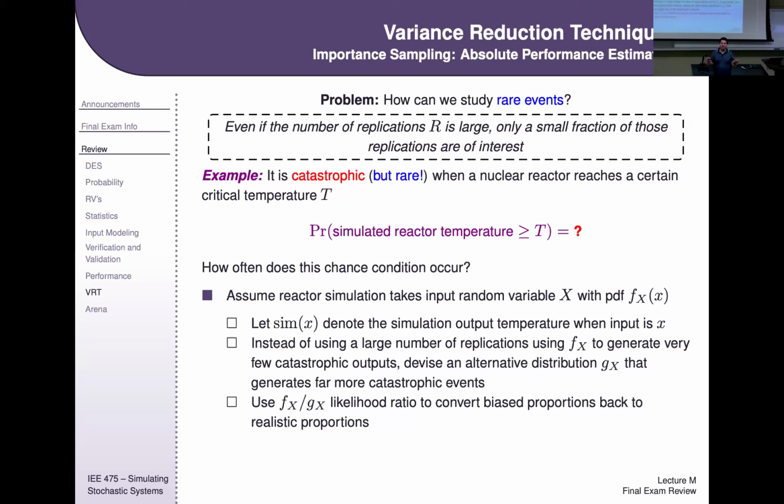We're going to focus on inputs that give us only the rare events, so that we generate a simulated world where rare events are the norm. And if we know the real input model and the input model we use in our bizarro world, where the rare events are the norm, then we can take that high frequency of rare events and turn it into the real frequency in our real world.